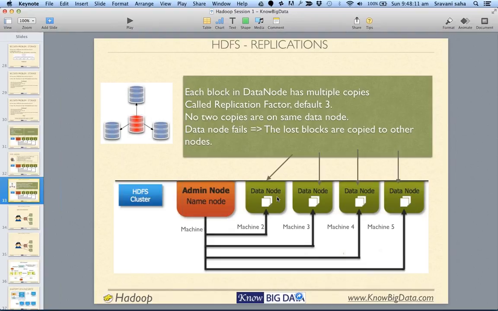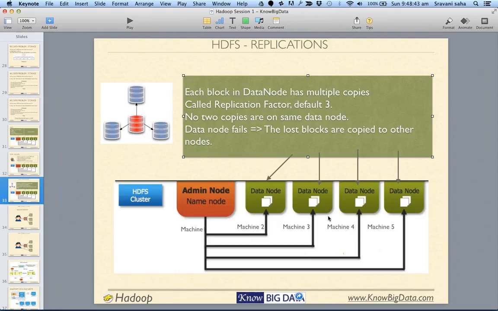So to avoid that, it provides you with the replication factor. Replication factor is quite important. Replication factor means that each block is copied that many times onto other nodes.